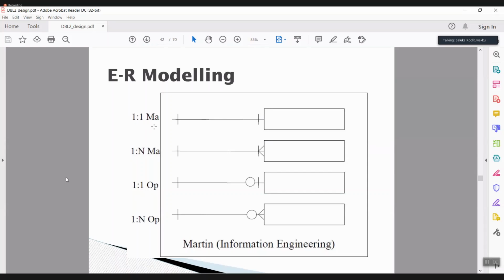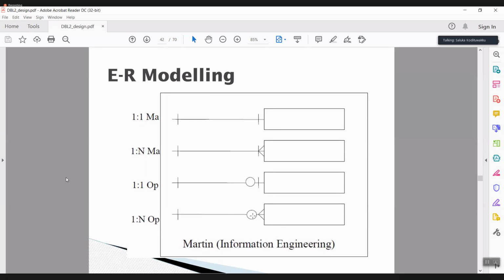You can say that 1 to 1, this vertical line segment will be 1, and if this vertical line segment is connected to 2, the angled line segment means many. And 1 to 1 optional means this side is existent, but this one is optional, and then 1 to many optional.